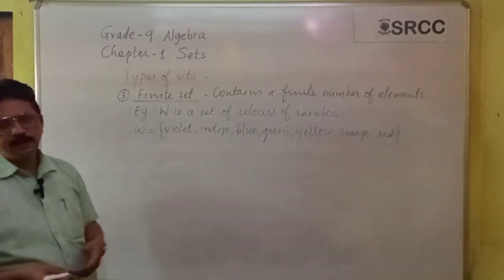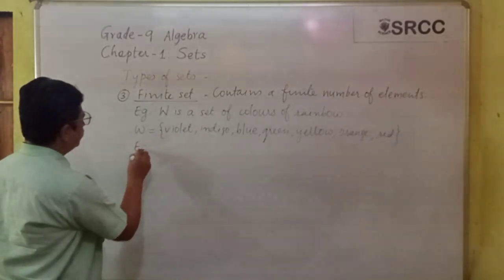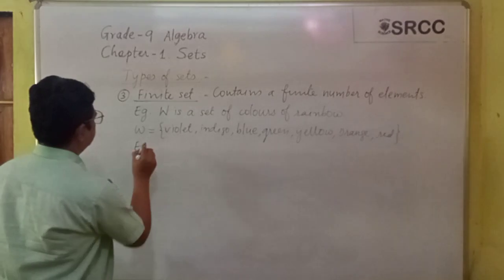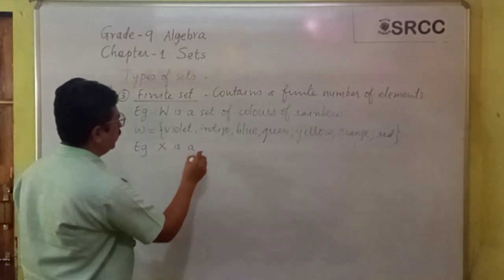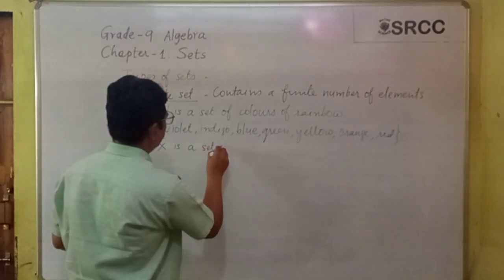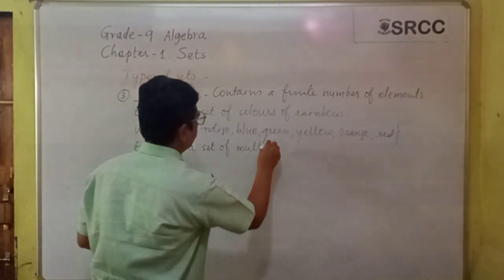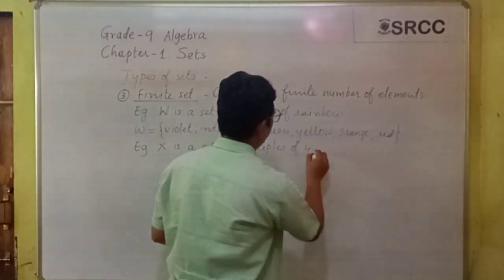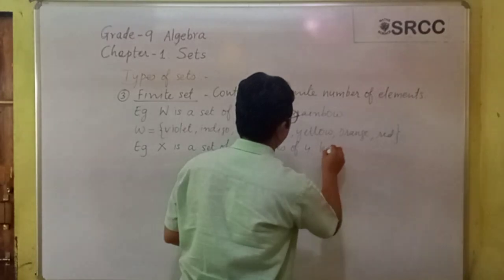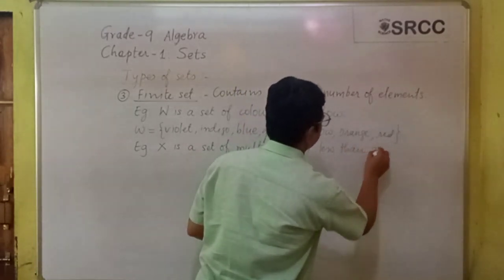a finite set. If we take one more example, say X is a set of multiples of 4 less than 30.